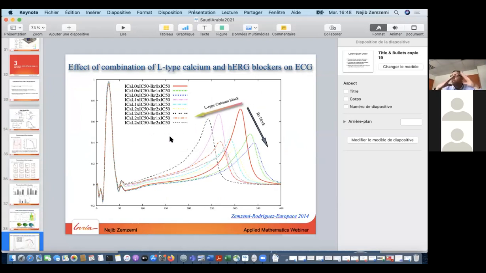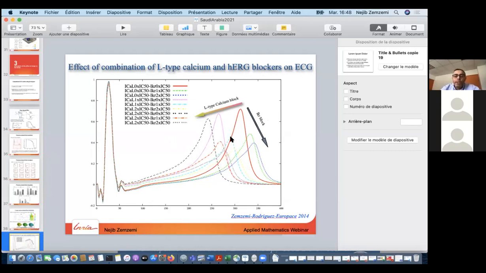So you can see that there is an opposite behavior. In that case, there is an inverse problem here to know which ion channel is blocked in order to produce the same QT interval.